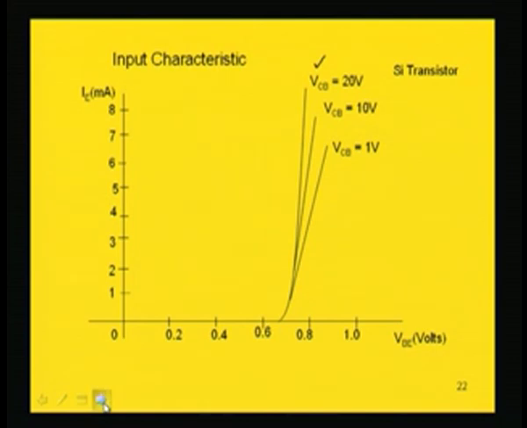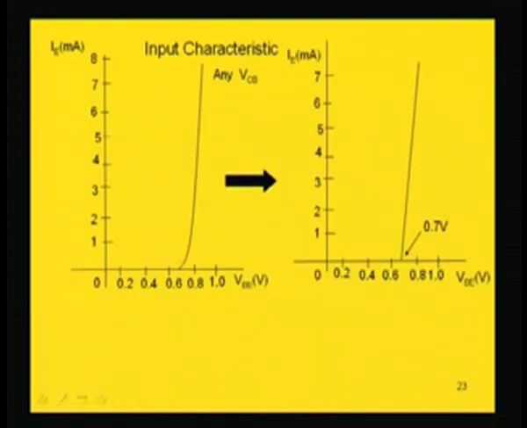Now, what can we infer from this? That up to 0.7 volt the current is 0 means we can represent the forward bias diode by its equivalent model, which is nothing but a linear approximation. The input characteristic can be approximated by this linear characteristic, having the current value 0 up to 0.7 volt, which is the threshold voltage, and then linearly increasing.